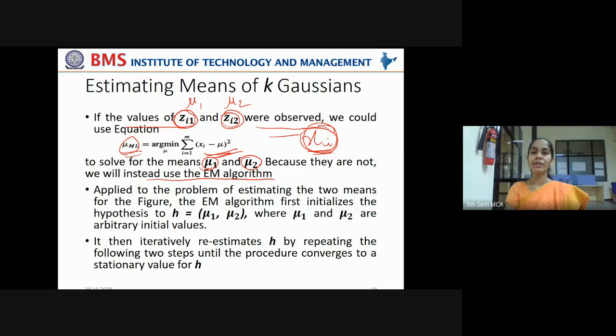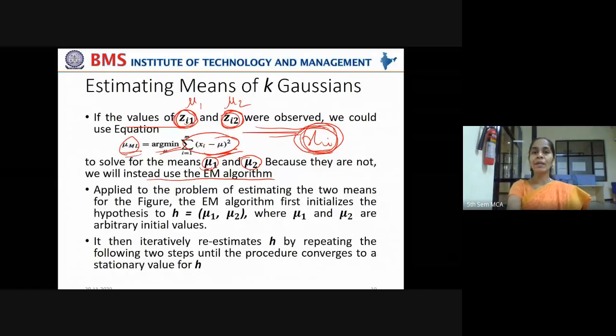Initially, you might have wondered why we are using normal distributions and why we are generating sample points. Now the problem is very clear for you. If the means of those normal distributions were observed, we could easily know which of the normal distributions generated this sample point xi by calculating the sum squared error and minimizing it.